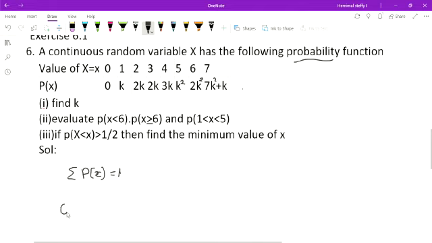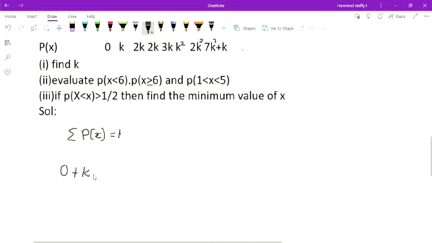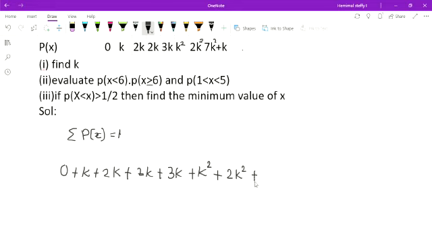What are they? 0 plus k plus k plus 2k plus 2k plus 3k plus k square plus 2k square plus 7k square plus k.